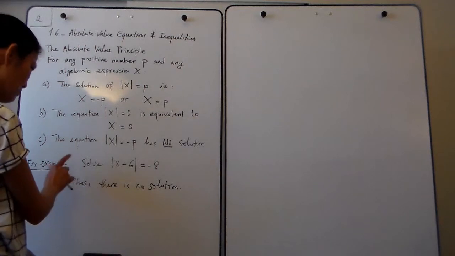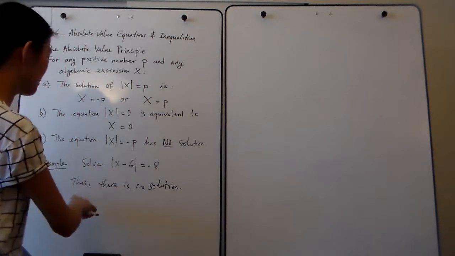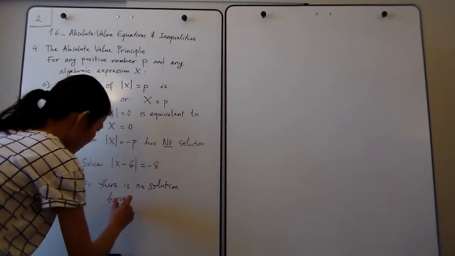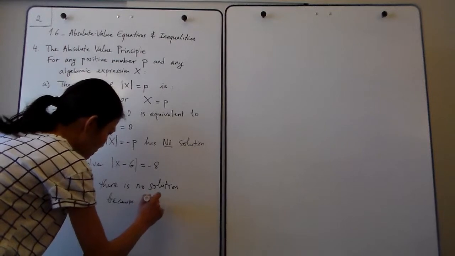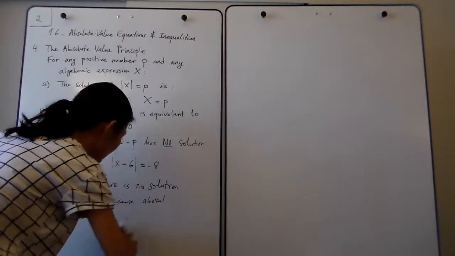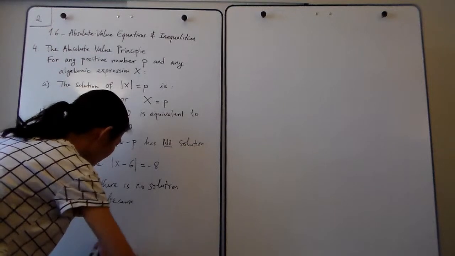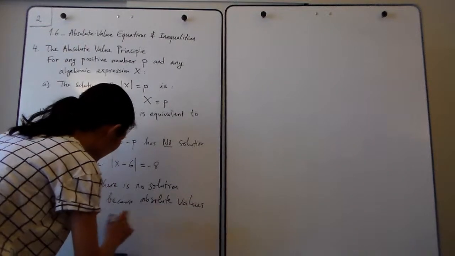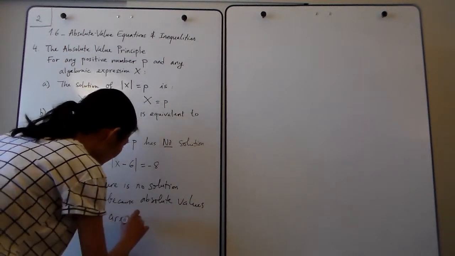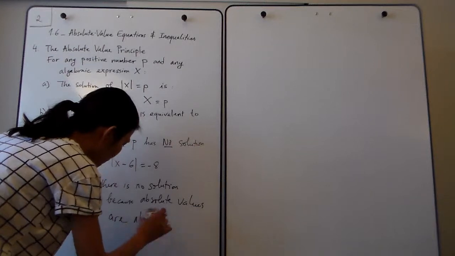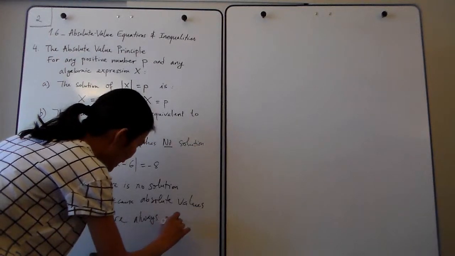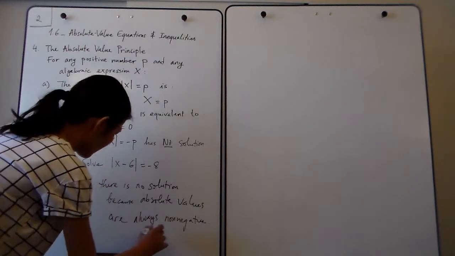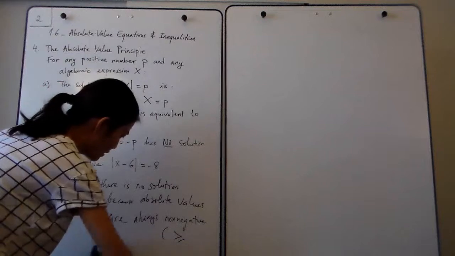So that means for this equation, there's no solution because absolute values are always non-negative, meaning it's always greater than or equal to 0.